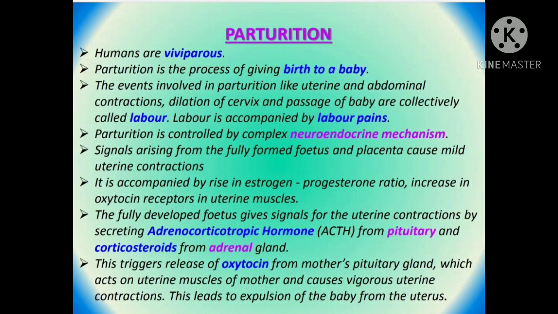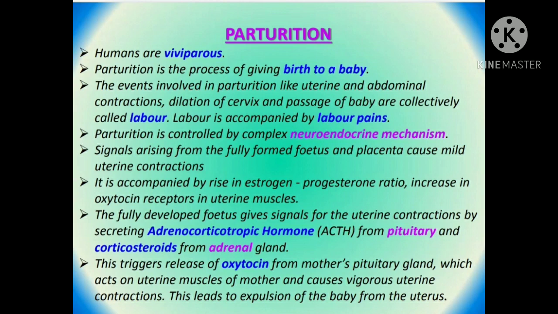I'm repeating it once more. They cause the vigorous contractions of the myometrium of the uterus at the end of the pregnancy. The fully developed fetus gives signals for the uterine contractions by secreting the adrenocorticotropic hormone, which is nothing but ACTH, from the pituitary, and corticosteroids from the adrenal gland.